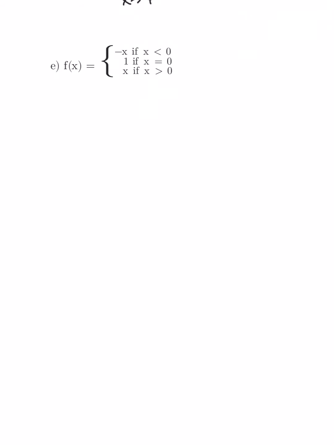For Rule 1, does f of 0 exist? Is there an equal to for the x value of 0? And yes, there is. It's in row 2. So does the function exist? Yes.